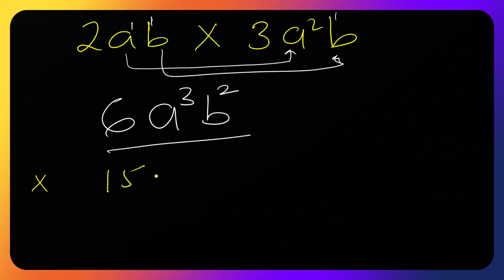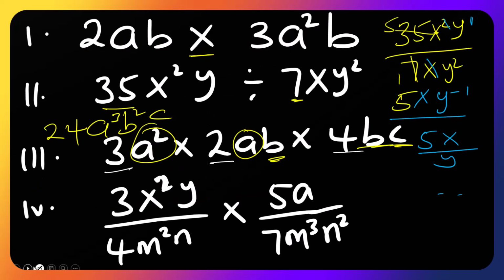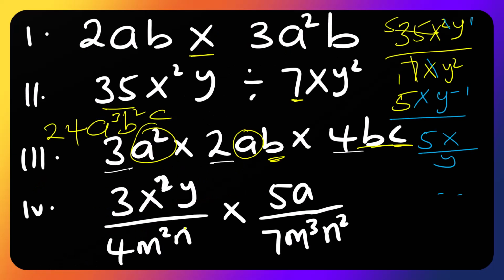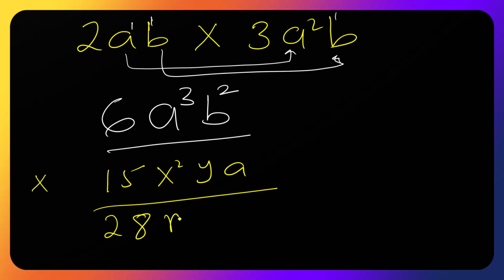Then 7 times 4 is 28 in the denominator. For the letters, m squared n times m cubed, the m squared multiplied by m cubed gives m to the power of 5, and this side will be n to the power of 3. So we have this.